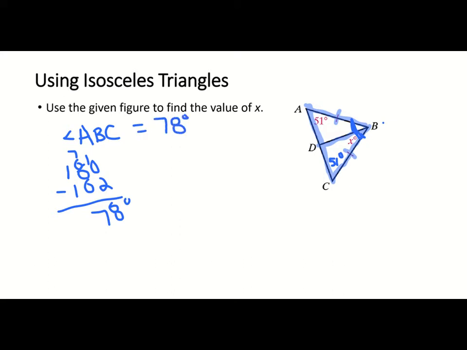Now, we do have BD here, which does bisect that angle. So what I need to do to find x is take my 78 and just divide it by 2. So I know that 2 goes into 7 3 times, and 2 goes into 18 9 times. So x is going to be 39 degrees.